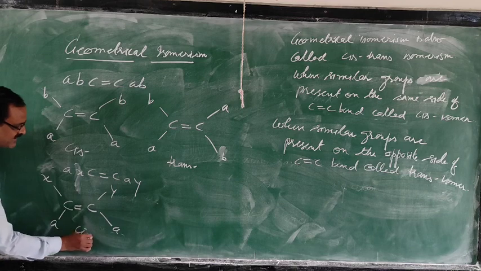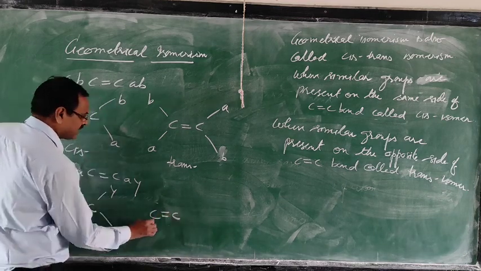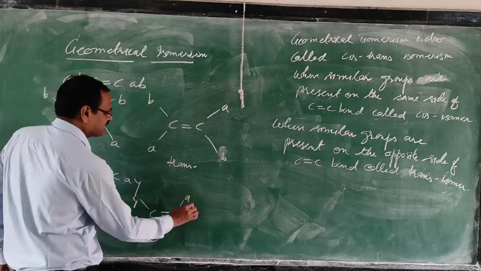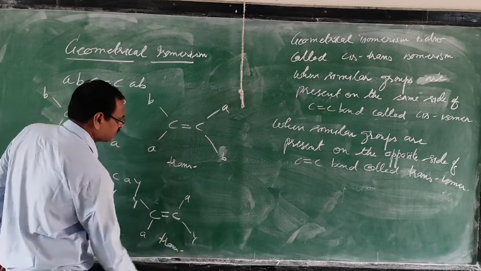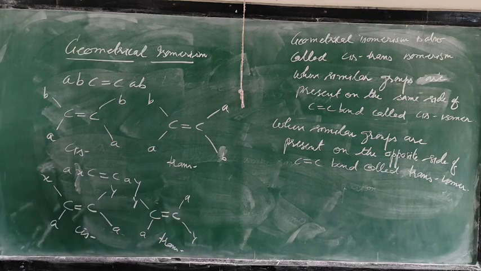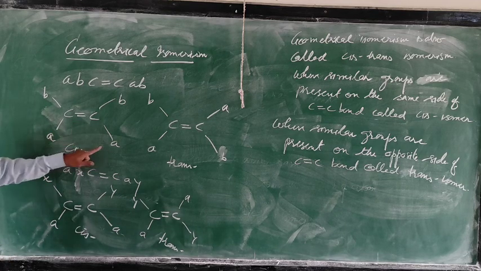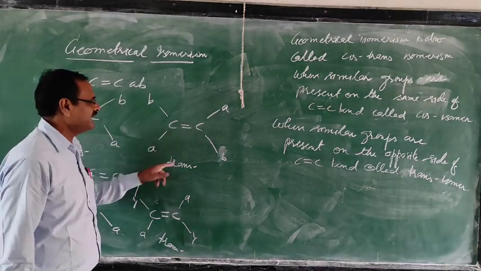So this one is called cis. And if the similar groups are present on the opposite side, this one is called trans. So it is very simple: similar groups on the same side, cis; similar groups on the opposite side, trans.